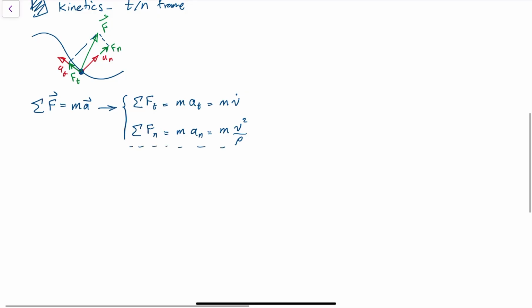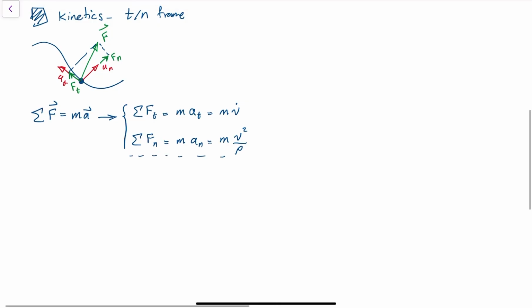And one thing I want to again emphasize here is that at the time we mentioned there is a third axis, let's call it UB, binormal, perpendicular to both UN and UT. And along this direction, we said acceleration is 0.